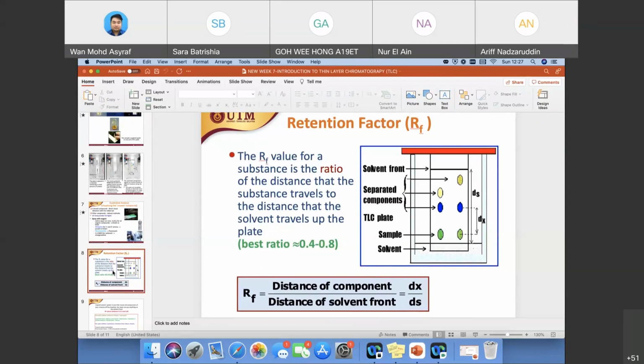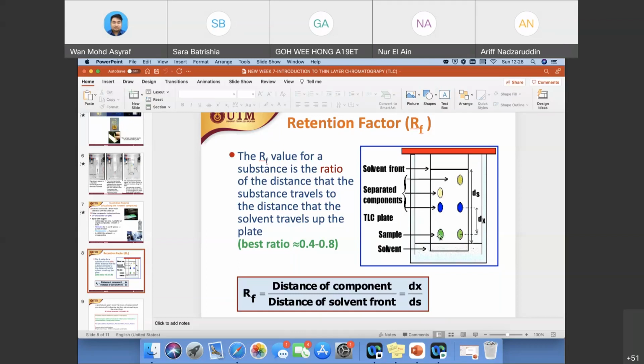The distance of the component is the distance from your first drop, this is your sample, up until the separated component, which is the blue one here. Initially we drop it onto the TLC here, and as time goes by, it creates a separation to become the blue and yellow one here.